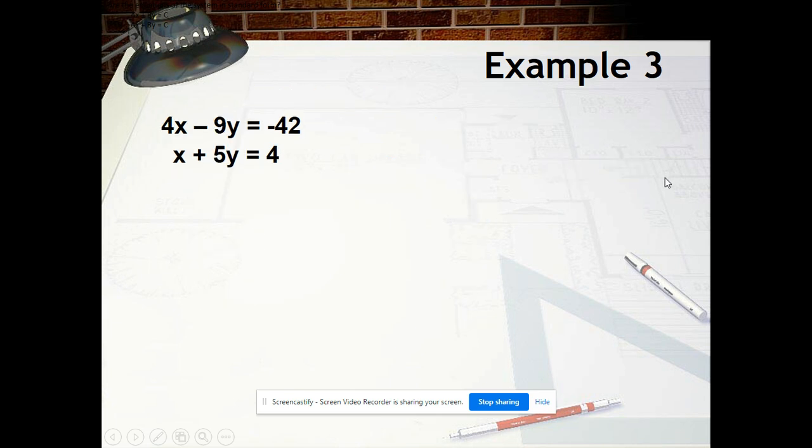Let's try another example. So we are looking for what variable to eliminate. Remember, to eliminate, they need to have the same coefficient with different signs.